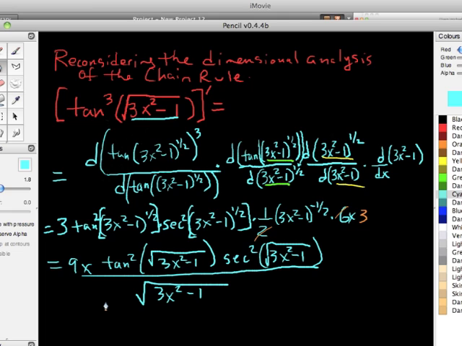You just have to know. If you just see it, you should be able to apply the chain rule. So the trick for you might be to recognize when this dimensional analysis, when working from the inside out with many, many steps of the chain rule, might be really the best way to go. Okay, so there, I said it.